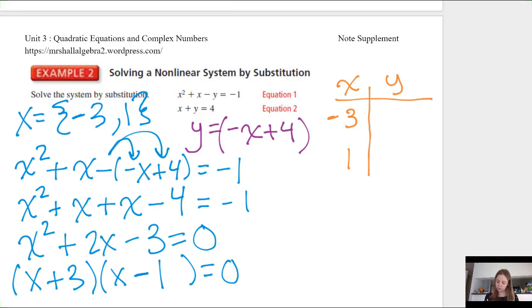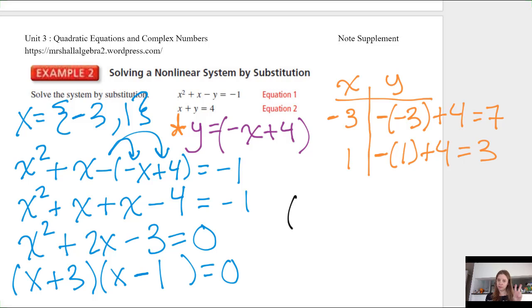So I'm going to use this equation: y is equal to negative x plus 4. Negative negative 3 is positive 3, plus 4 is 7. Negative 1 plus 4 is 3.